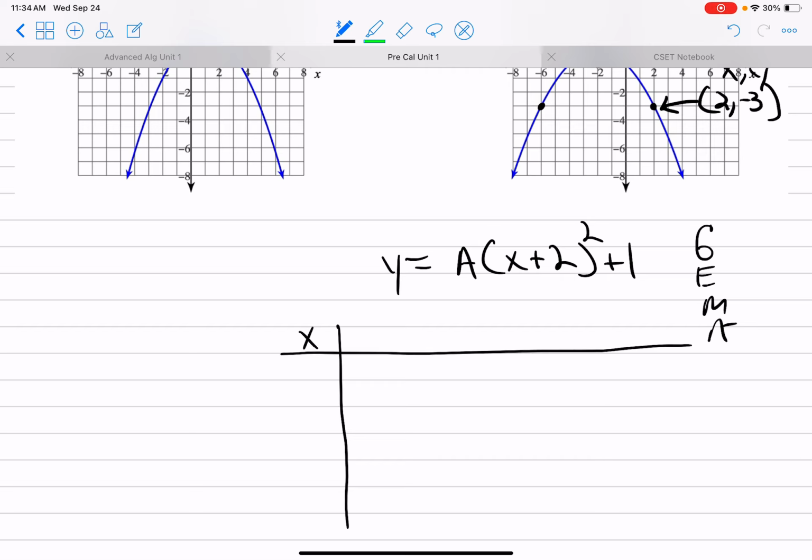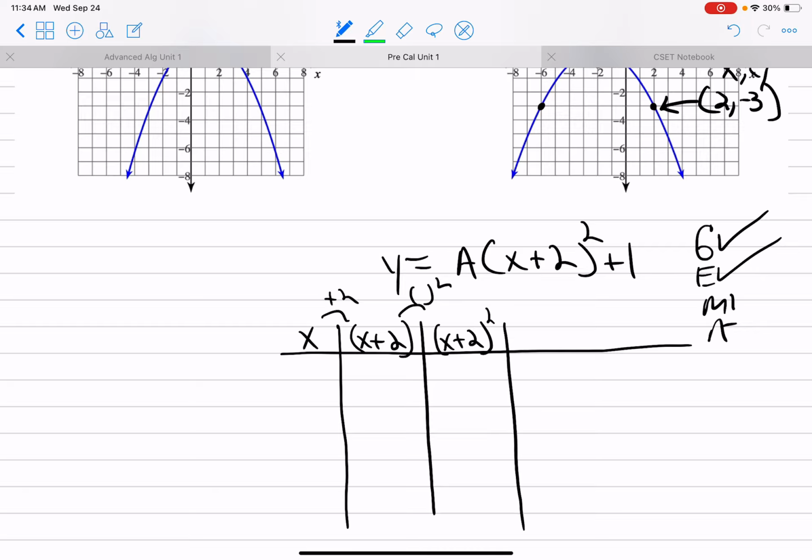I start with x. I got to go plus 2. That gives me x plus 2. There's my grouping. My exponents are next, so I got to take that to the second power. X plus 2 to the second power. Exponents are done. Multiplying or dividing, that means I need to go times a. So this is a times x plus 2 squared. And finally, I need to go adding or subtracting. That's going to give me the plus 1.